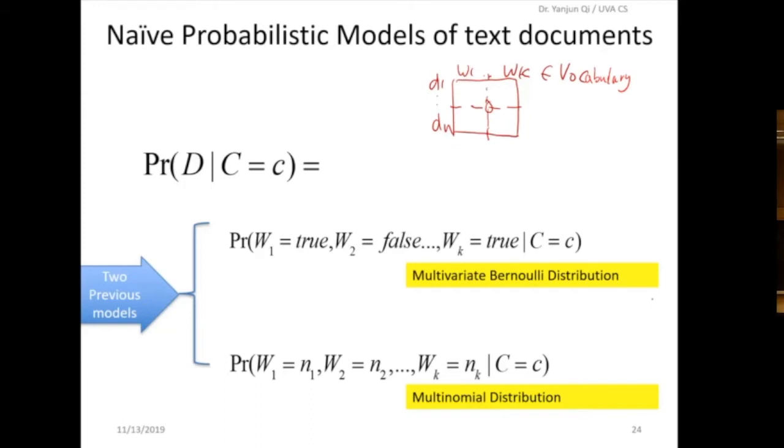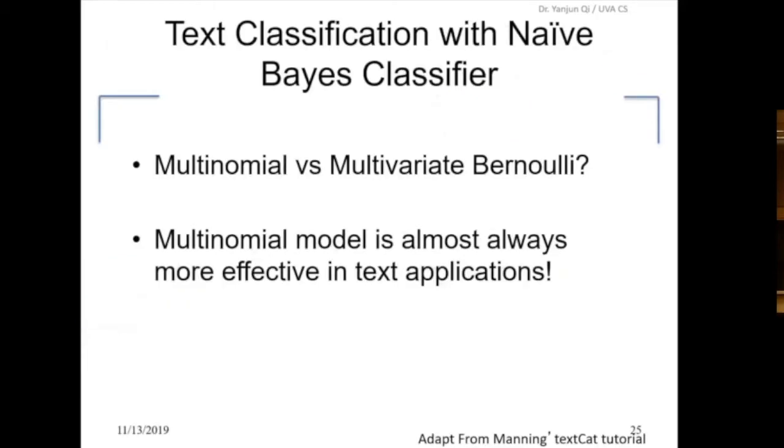For the second kind, we use the multinomial distribution. I'm going to talk about what they are after a few slides.